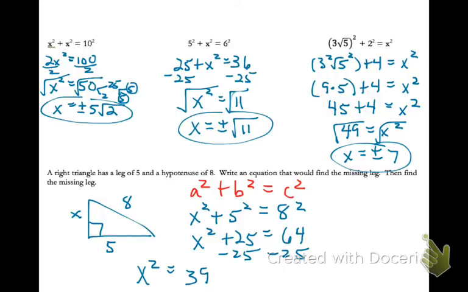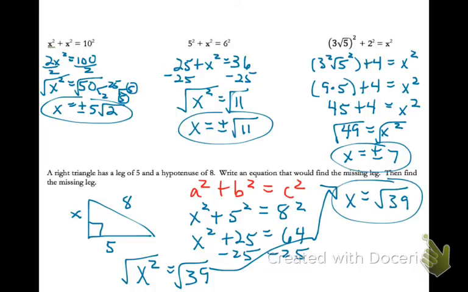Just to check that. And we'll take the square root of both sides. And I'll put the answer up here. So x equals positive, I'm sorry, this is a length, so we only want the positive case. So the square root of 39.